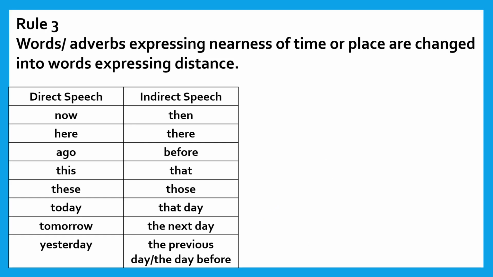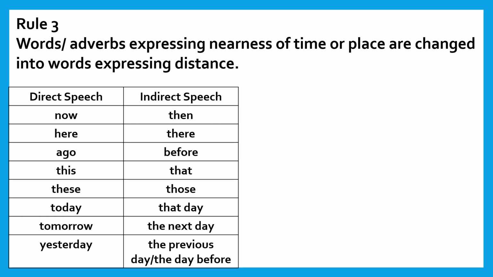Rule number 3. Words or adverbs expressing nearness of time or place are changed into words expressing distance. For example, look at the table given below. In the direct speech, now becomes then in the indirect speech. Here becomes there. Ago becomes before.